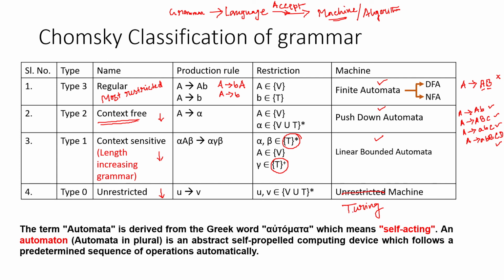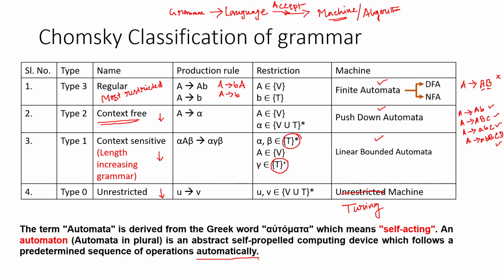But remember one thing, automata is not related with this word automatically. If someone asks you how this word automata came, you don't say that since there is a machine which accepts the strings of a language automatically, that's why the name is automata. There is no relation between these two words. So you must remember this particular terminology.